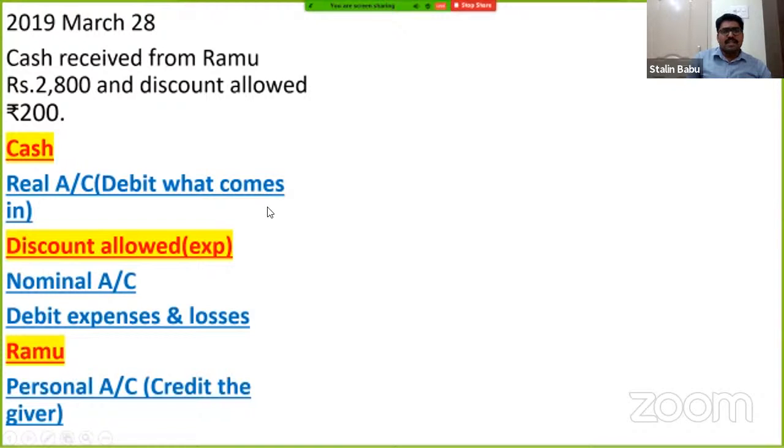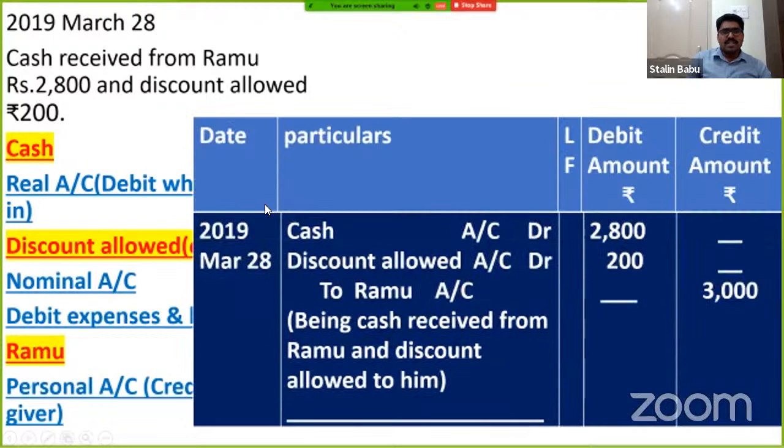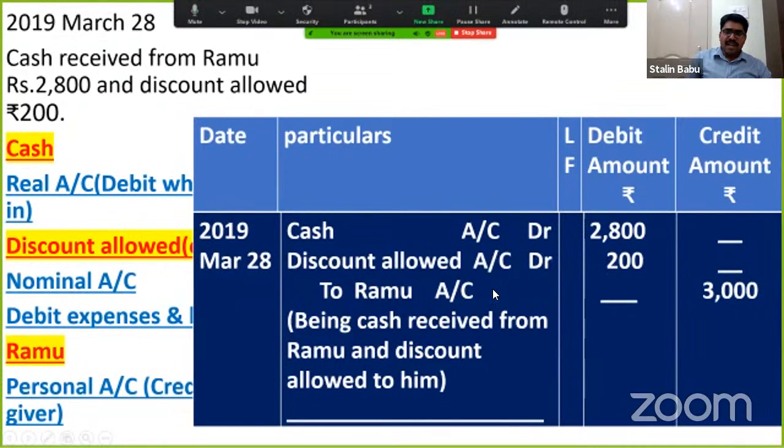So enter in the journal book. What is the date? March 28. Cash account debit, discount allowed account debit to Ramu account. So how much cash did we receive? 2,800. How much discount did we allow? 200. Actually, we had to receive 3,000 from Ramu, but we gave a discount.